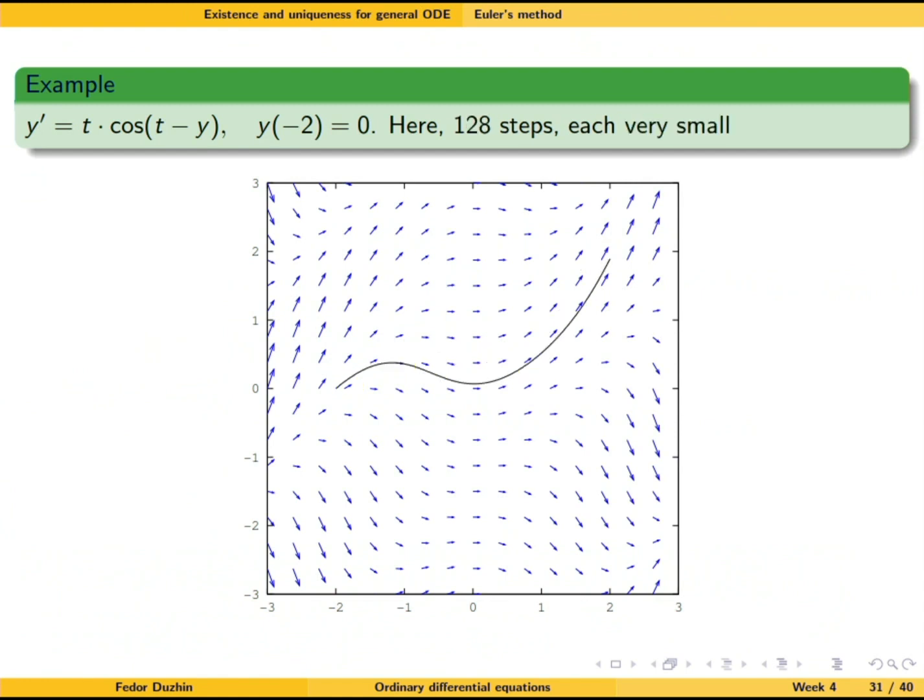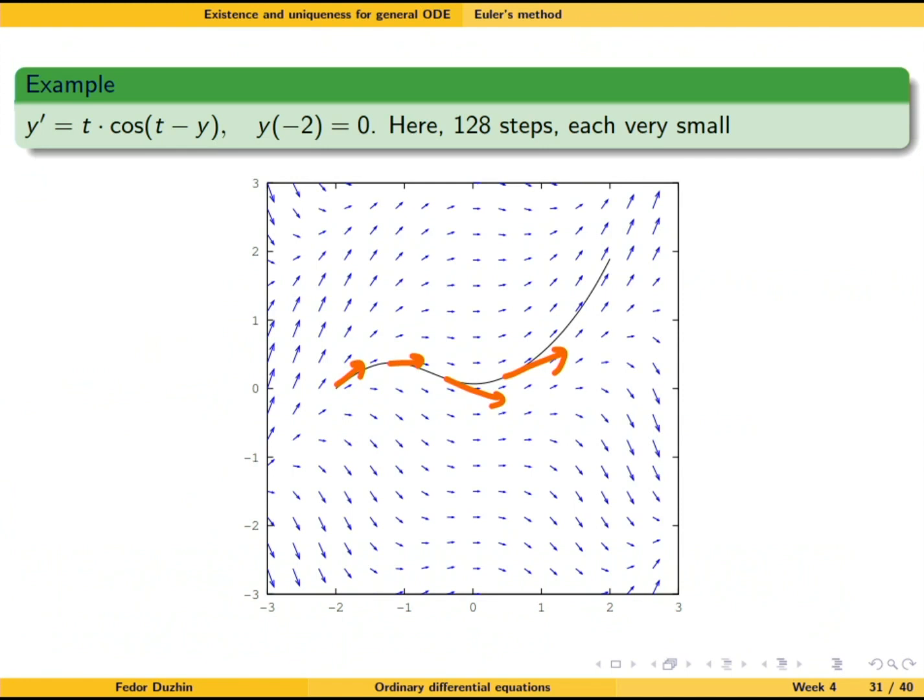And then the more steps we do, the more like a smooth curve the result looks like. And the way it is constructed is, of course, so that at each point of this smooth curve, the tangent vector here is going to be exactly the vector from the direction field.